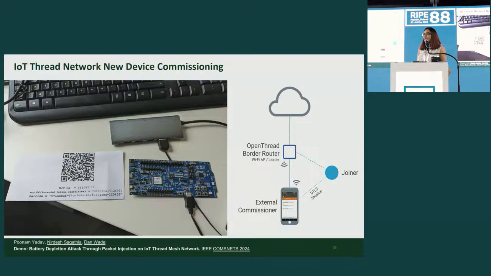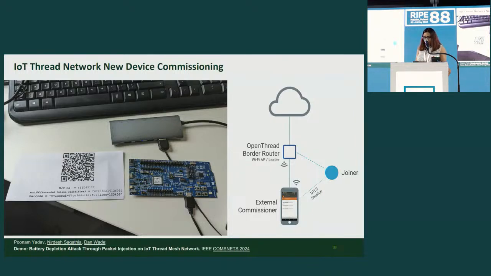In our system, we use a mobile app, which was provided by the OpenThread community, to commission a device. Every device for this commissioning needs an extended unique identifier. That's where you can see the barcode which we created. We took the identifier of the devices, and then we created a barcode for the devices.